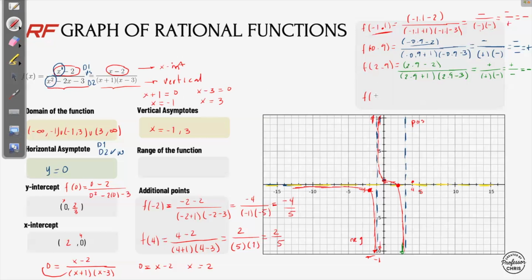So let's just use 3.1, and that's going to be 3.1 minus 2 divided by 3.1 plus 1 times 3.1 minus 3.